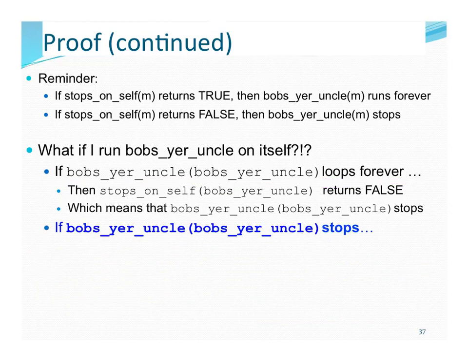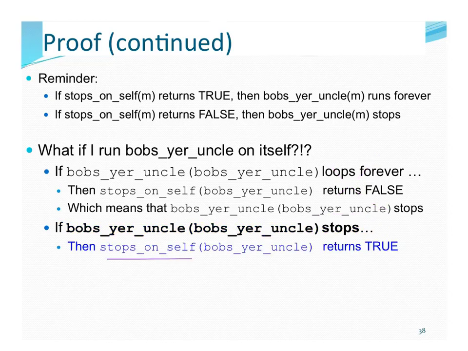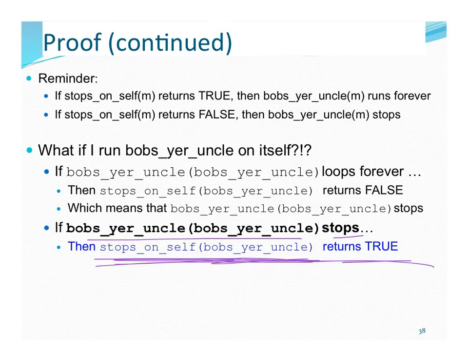So when we run Bob's your uncle on itself, what if it stops? We know it doesn't loop forever, so what if it stops? Then, because of how we know the stops on self method works, if Bob's your uncle on itself stops, then stops on self on Bob's your uncle will return true.